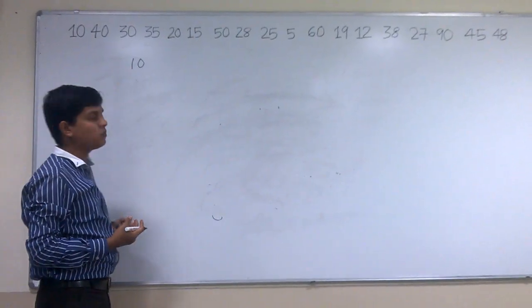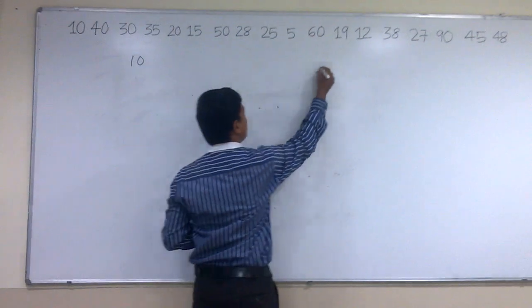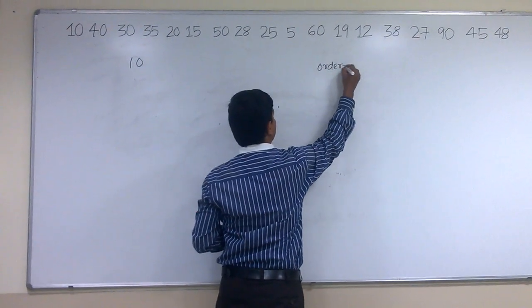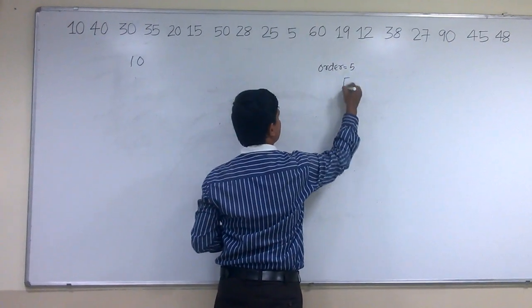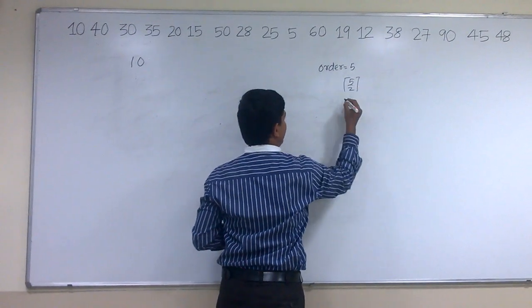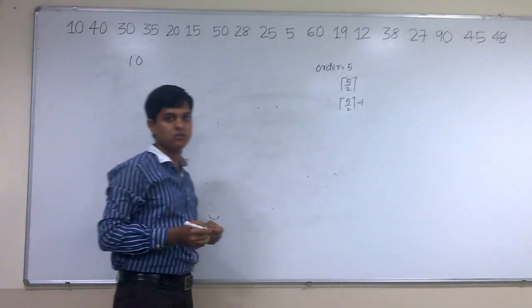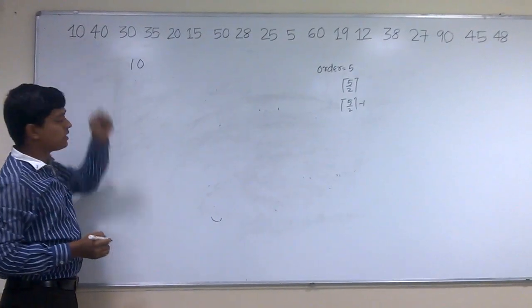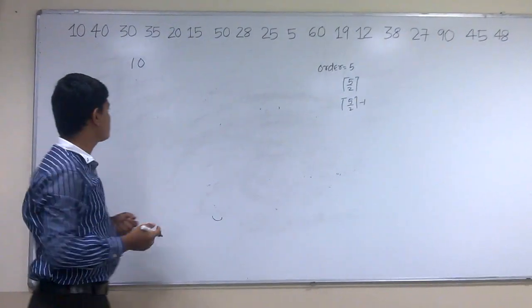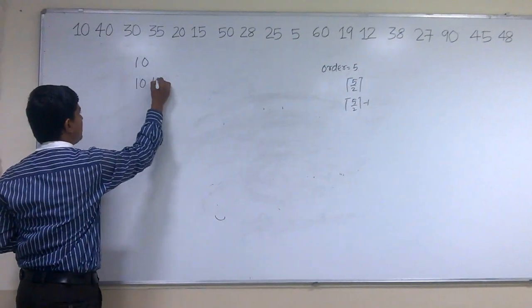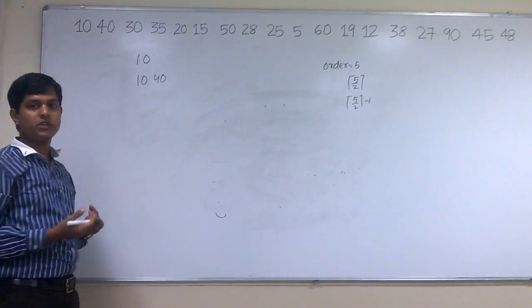Before that, you should know the order of the tree. Let the order be 5. So it contains at least 5 by 2 children and 5 by 2 minus 1 key values. So the next node to insert is 40. I am inserting 40 on the right side because 40 is greater than 10.